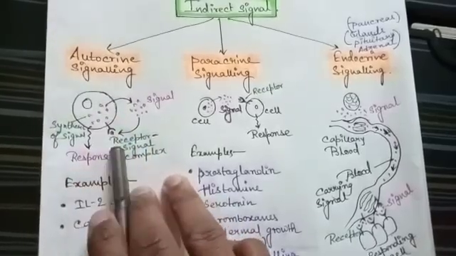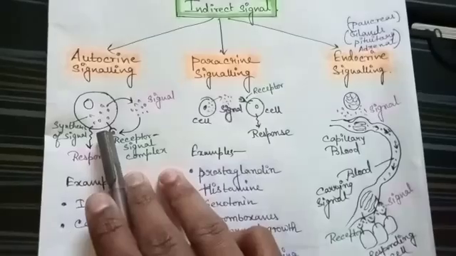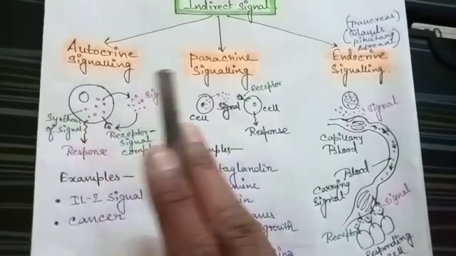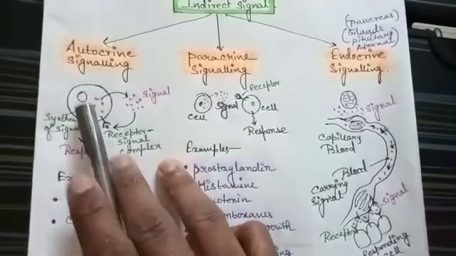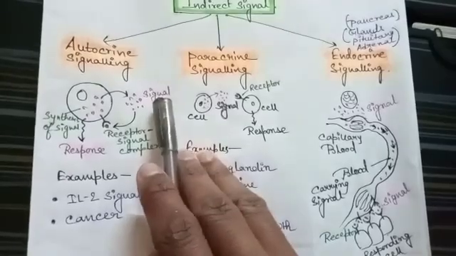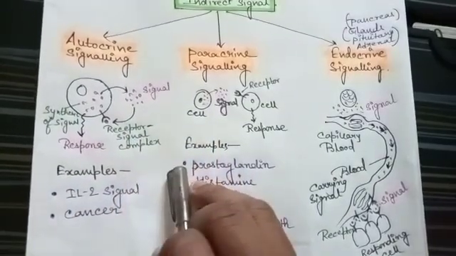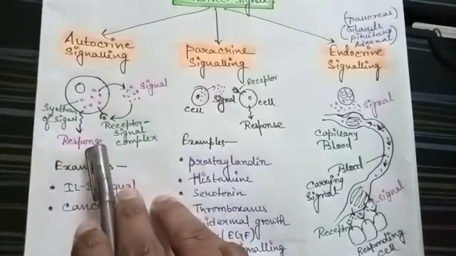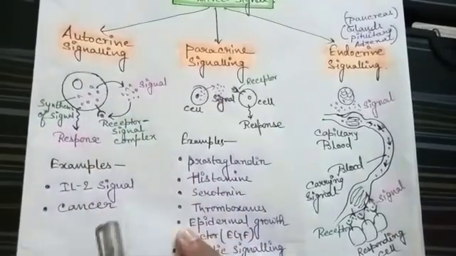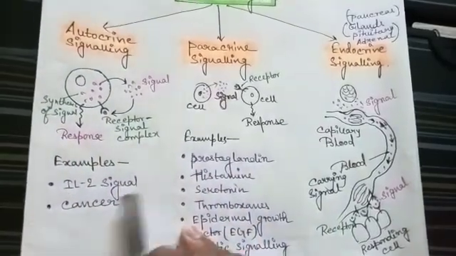The cell has surface receptors, and these receptors bind to the signal that has been generated by the cell itself, and this leads to the formation of the receptor signal complex, and thus a response is generated. This is autocrine signaling, and an example is IL-2 signal.